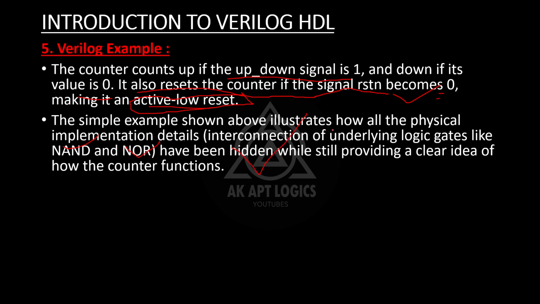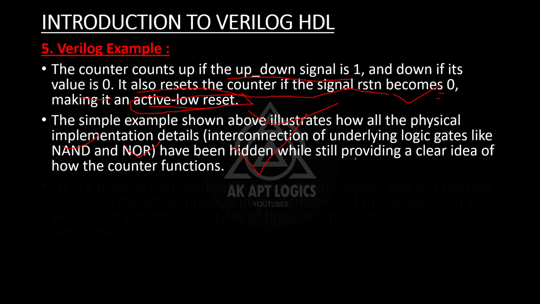We are just providing how the counter is functioning. We don't care which type of gates are used internally. Whether we are getting the functionality that is required by us or not, we will see that only.